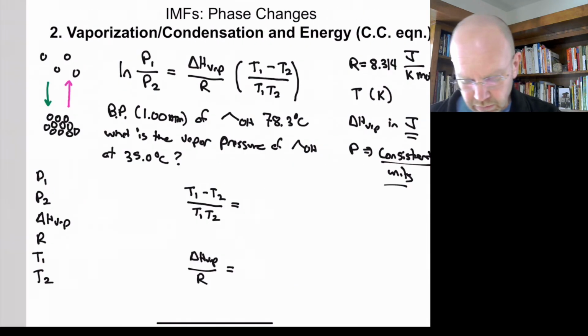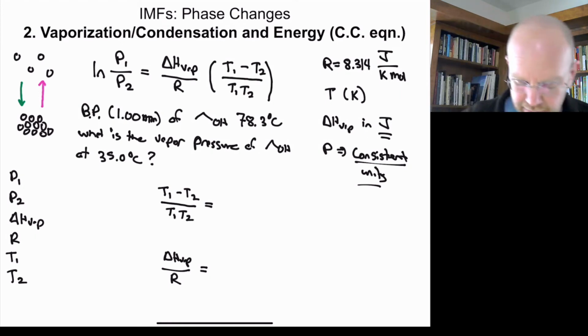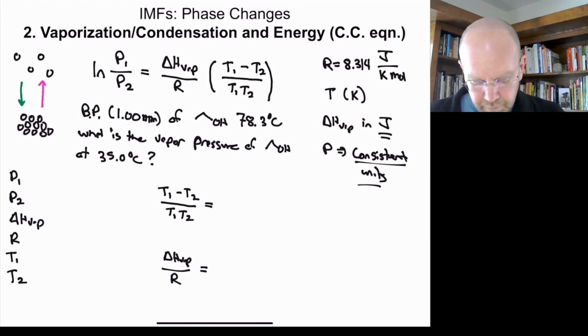All right, so let's see how we might apply this idea. So we know, or we could look up, that the boiling point at 1 atmosphere of pressure of ethanol is 78.3 degrees Celsius. And what if we wanted to know what the vapor pressure of ethanol is at 35 degrees?